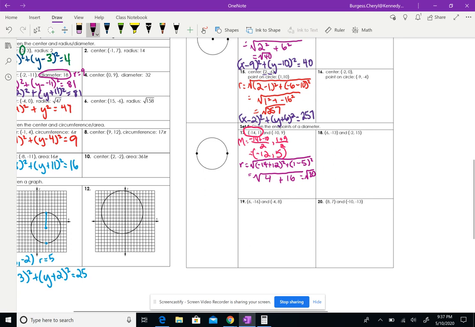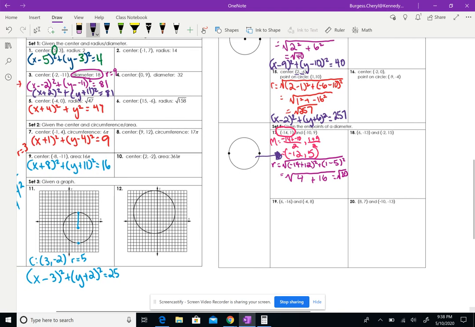Alright, so not too bad. And then last step, plugging it in to the circle formula. X minus negative 14. So that's x plus 14 squared plus y minus 1. Sorry, I'm choosing the wrong coordinate. This is my center. Okay, glad I realized that now.